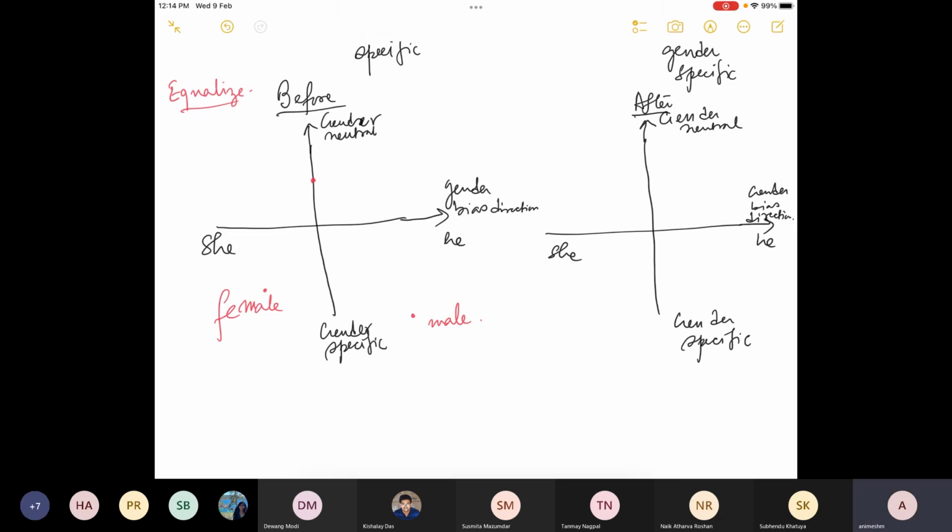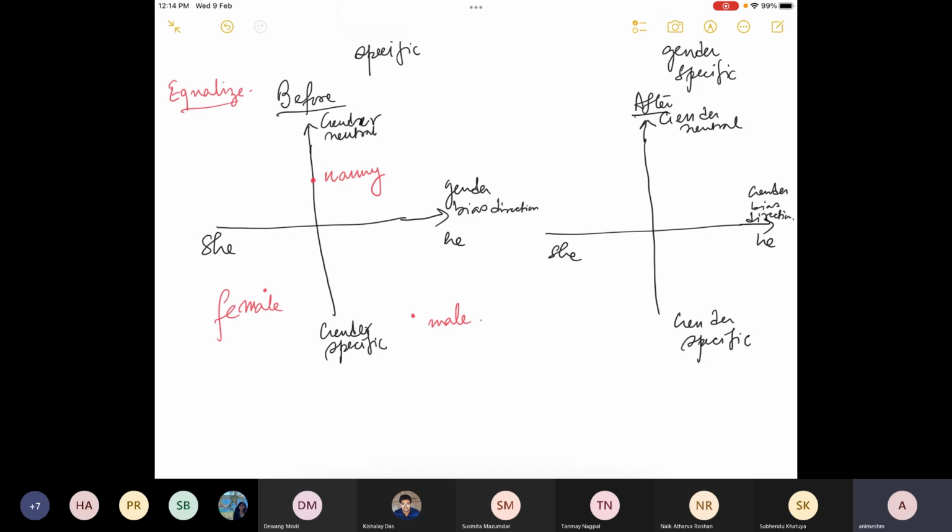After neutralization, the gender neutral word has come on the gender neutral axis. Okay, so this has happened. Now you have these two words which are gender specific, and they are well placed in their own quadrants, correctly placed in their own quadrants.